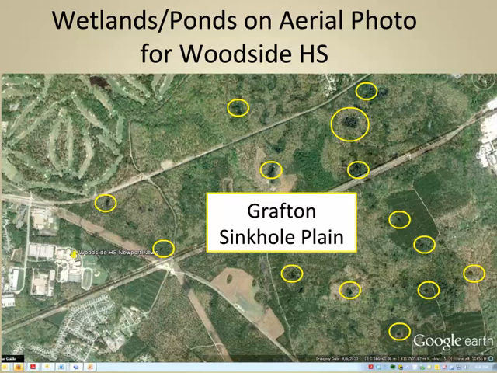Below it is a shell hash in the Yorktown Formation, a big thick unit of busted up shells, and that zone is dissolving. And as the shell hash dissolves, the sand lying over the top of it collapses down and forms a depression. This particular area of all of these small lakes and wetlands has been long known as a bird habitat for the migrating waterfowl, and it's been recognized as the Grafton Sinkhole Plain.